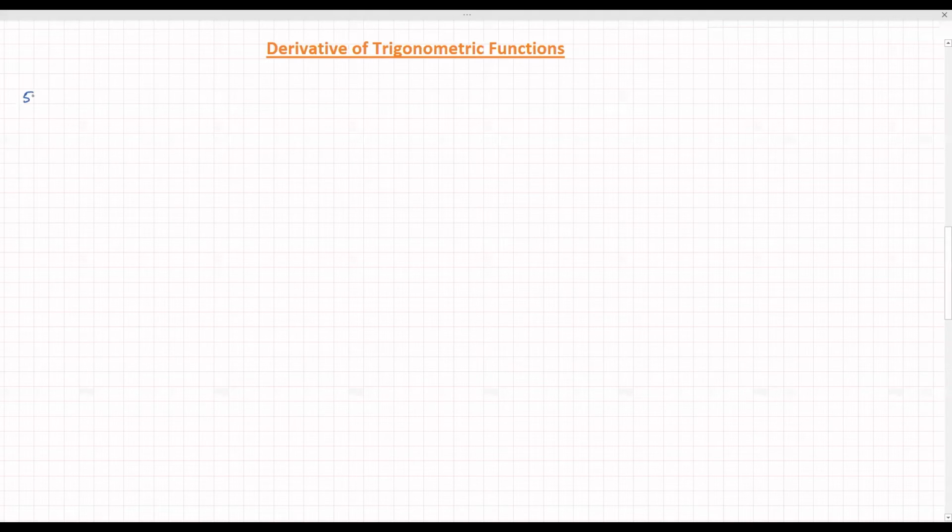Our next variation would be d/dx of square root of x. We know d/dx of square root of x is 1 divided by 2 square root of x. We have discussed this in our power rule video. Now we will understand how to involve this in sine.